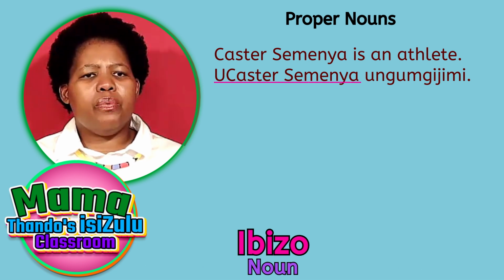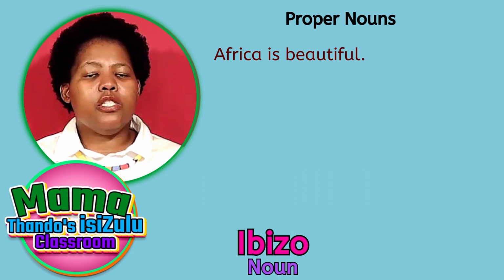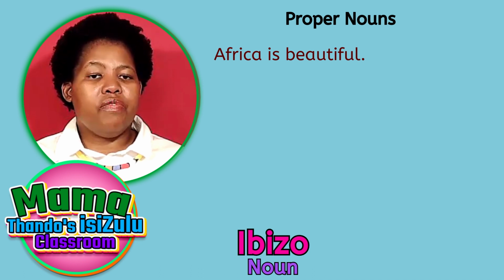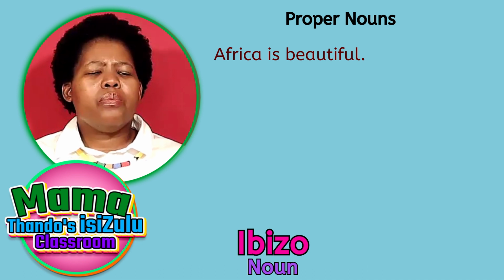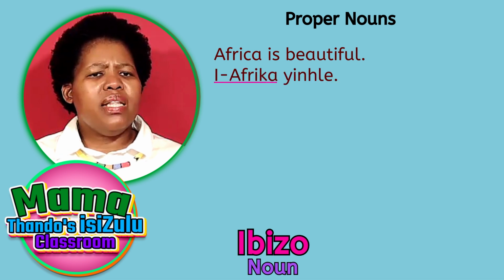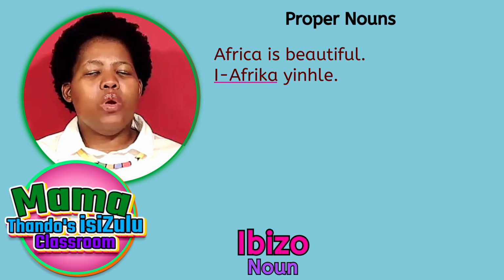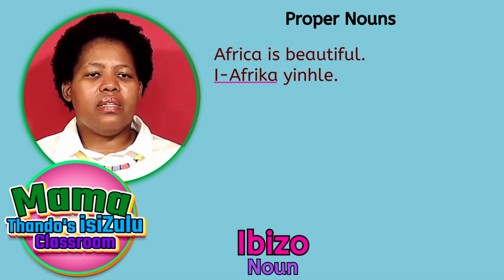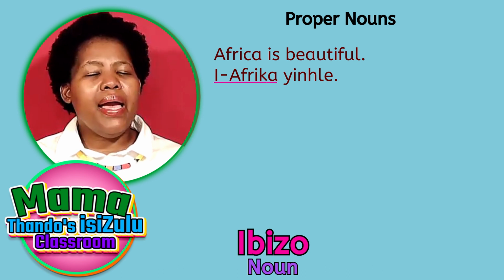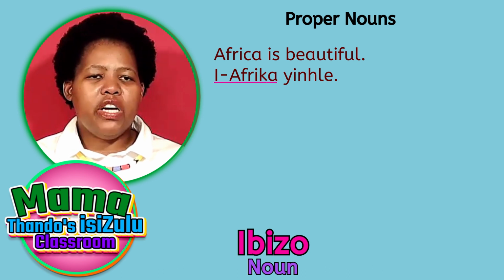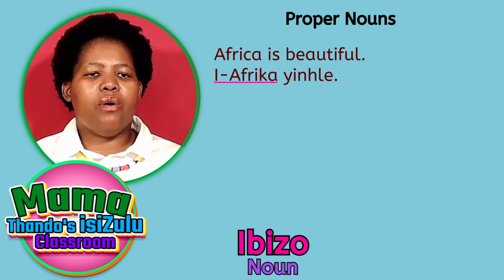Here's another example. Africa is beautiful. The proper noun Africa is at the beginning of the sentence. And so it looks like this. IAfrica yinhle. We put the prefix I as a capital letter in uppercase, and still the first letter of the proper noun in a capital letter in uppercase.